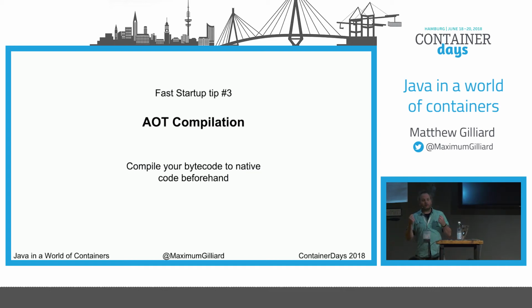But if you are someone who knows better than hotspot about what's going to happen, which you might be, then you can do this in advance, right? And again, it's going to create a cache on disk, which is going to have some size, but it's going to enable Java to start faster for you.